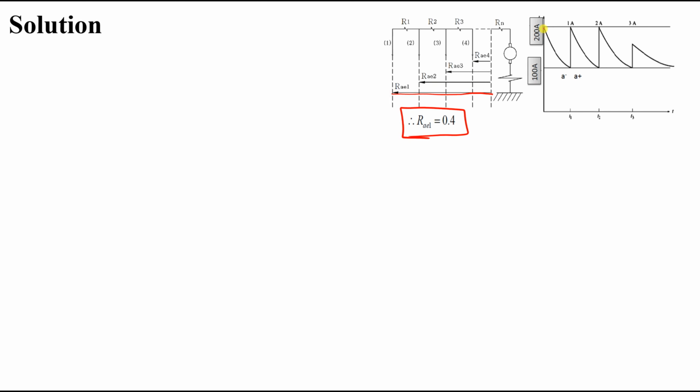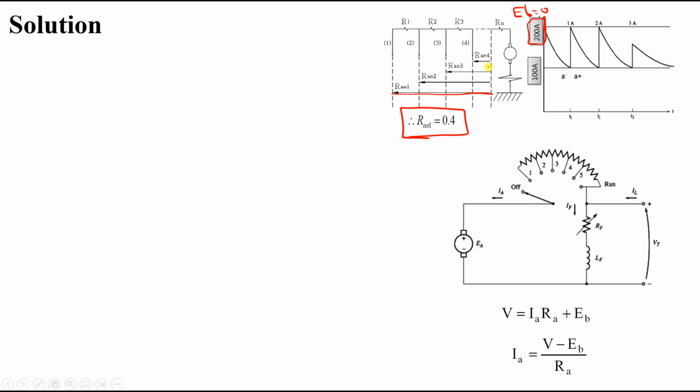At the very beginning, when E_back equals 0, the current will be 200 amperes. And we know that as the speed of this motor goes up, E_back will go up. So as E_back goes up, I_armature will start going down.